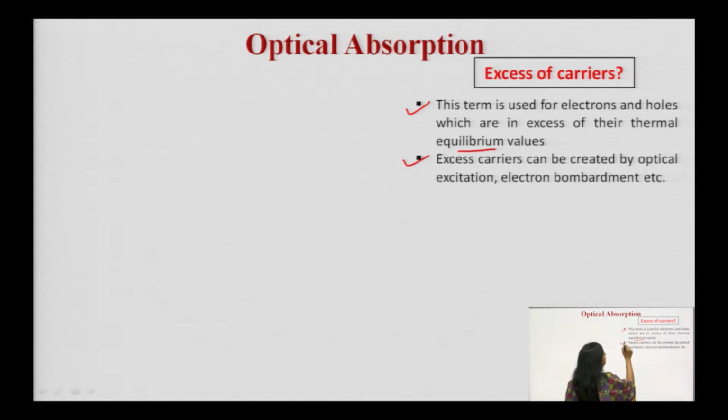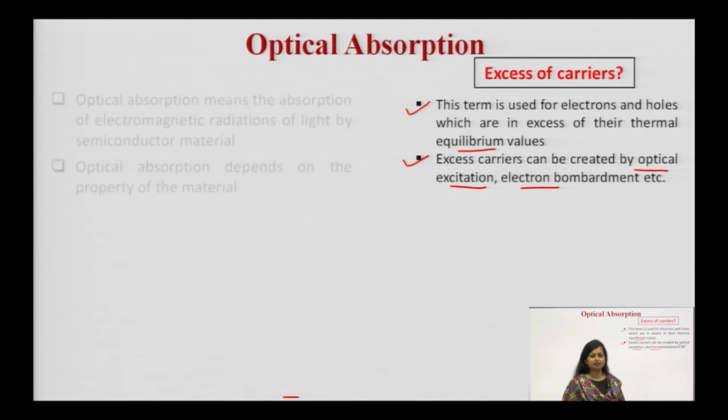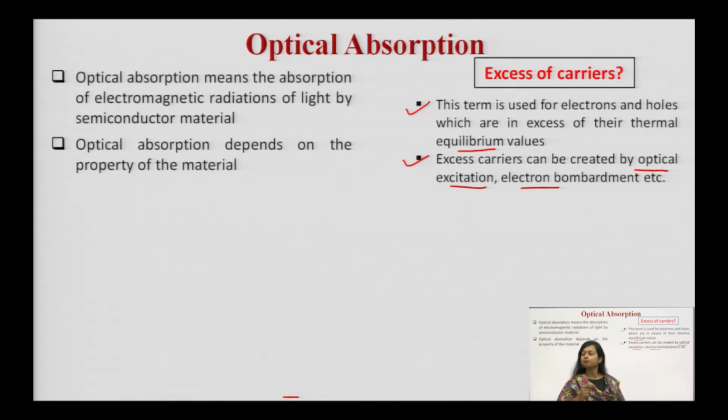Excess carriers can be created by various mechanisms. One is optical excitation, second is optical bombardment, and there are various other mechanisms also. So, excess carriers are created by a certain mechanism. Now, optical absorption means absorption of electromagnetic radiation, of light, by a semiconductor material.